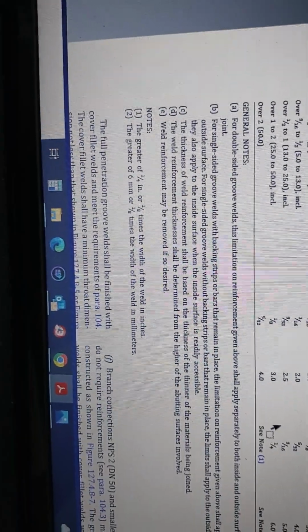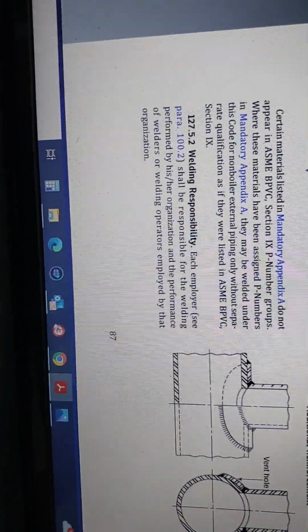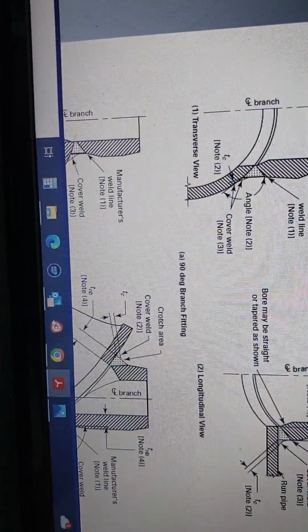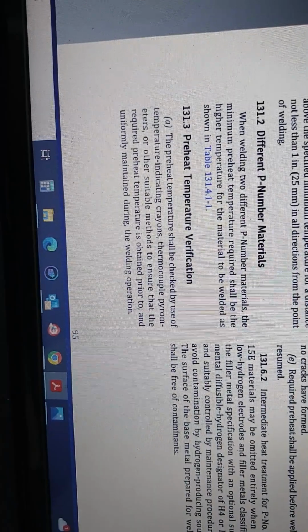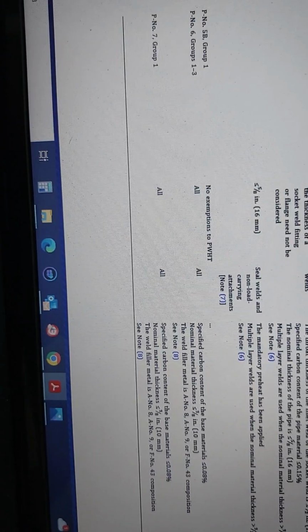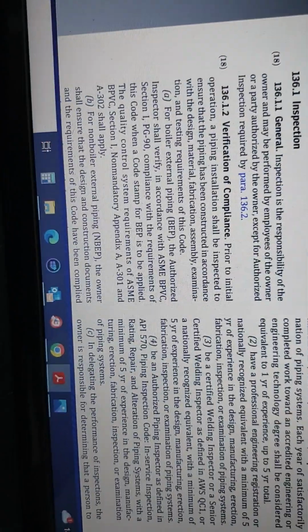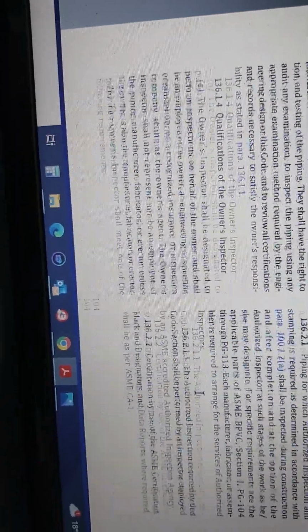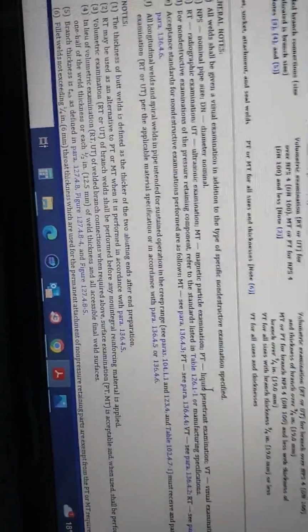Visual inspection. As per visual inspection, yes, here, I want to show you that criteria also.